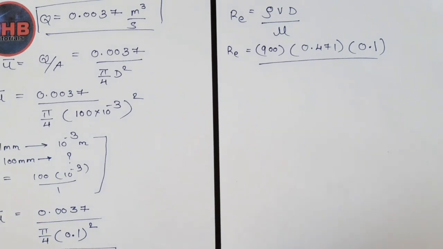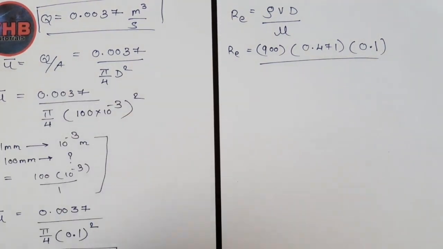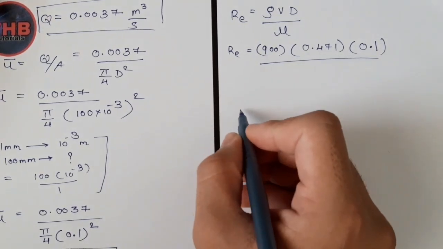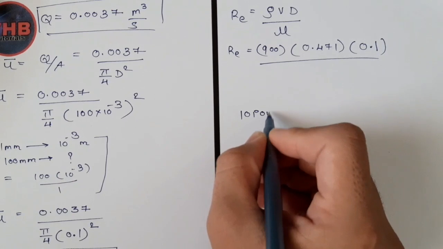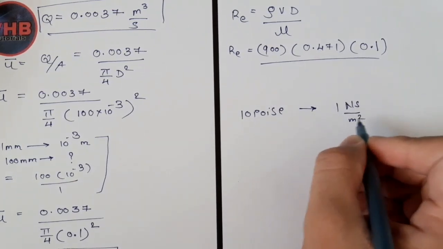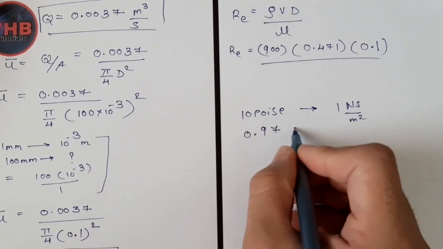Here we had dynamic viscosity in poise, so we have to convert it into Newton second per meter square or Pascal second. So we know that 10 poise equals 1 Newton second per meter square. So how much will 0.97 poise be?